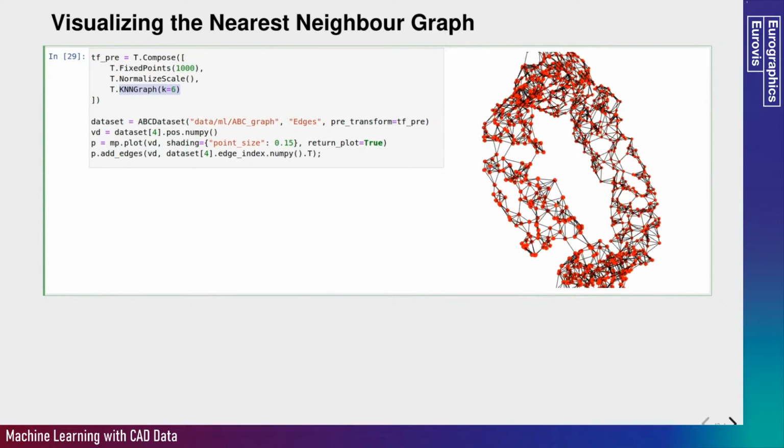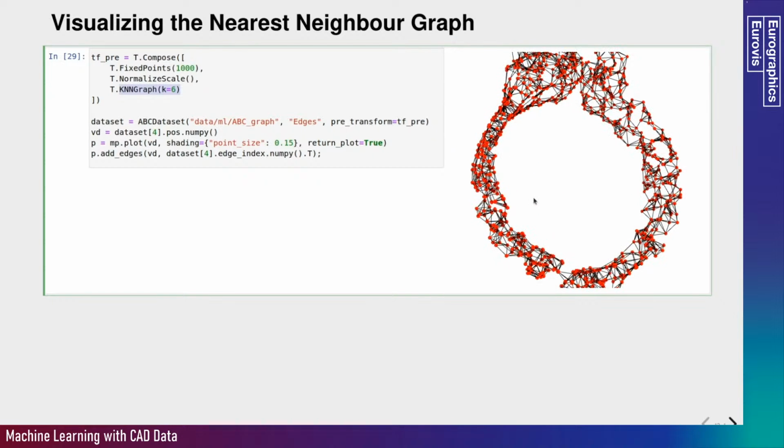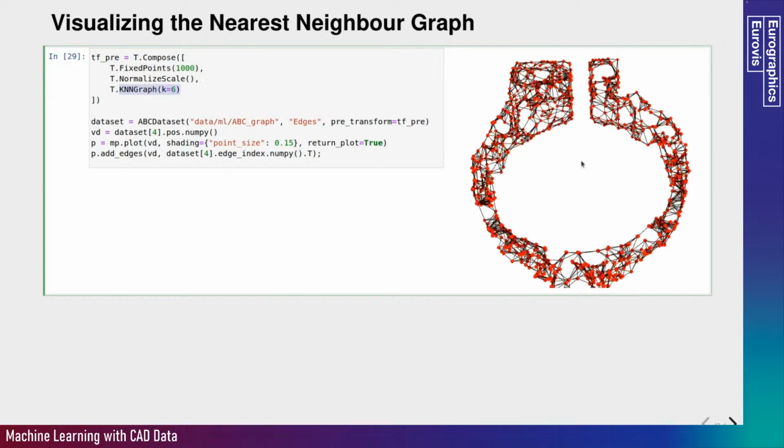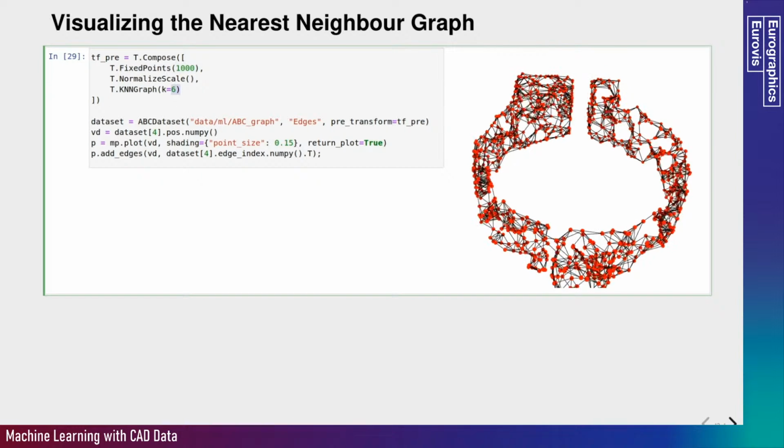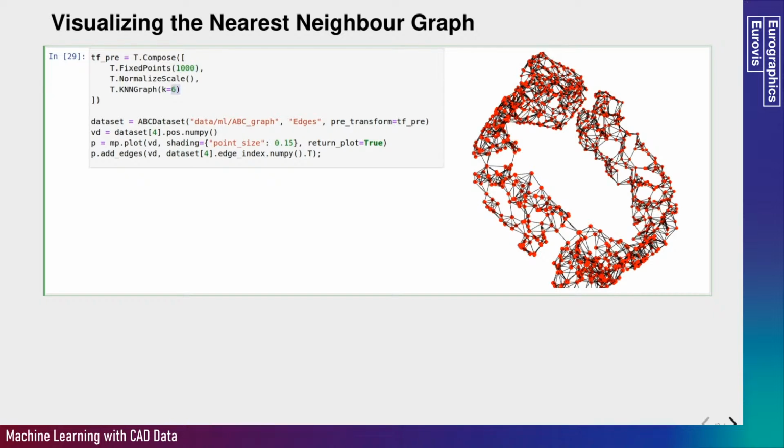So we see that each of the points in our point cloud, which is subsampled to just 1000 points, has 6 neighbors, and this is the neighbor definition later used for running the convolutions.